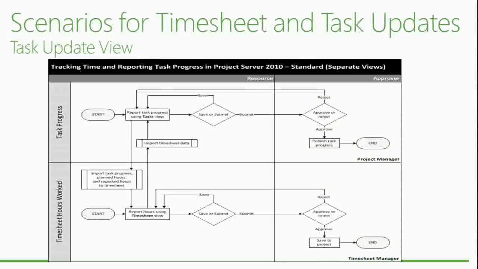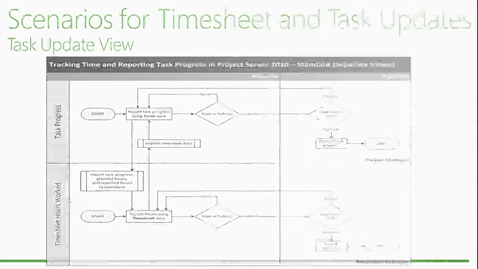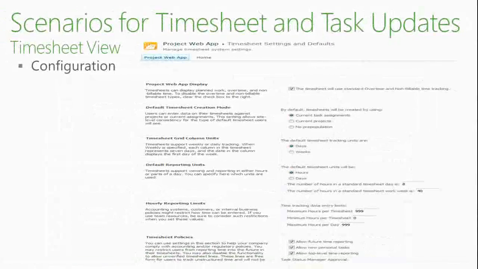Yes? Can you go back to that previous? Sure. So the 999 on the maximum hours per timesheet, if you're allowing just 8 hours a day, where are you allowed to put over 40 hours a week? In the overtime only? This is the maximum number I think you can put. So frequently, and I believe it's a default probably, we don't put a limit there. That means we leave that open.